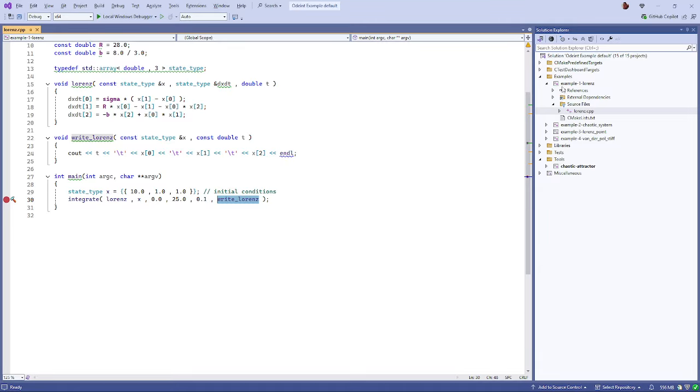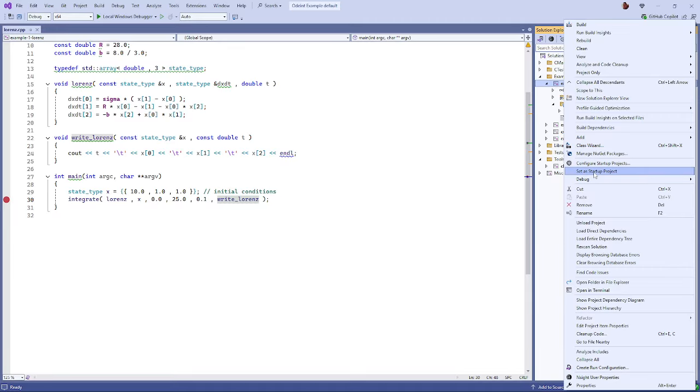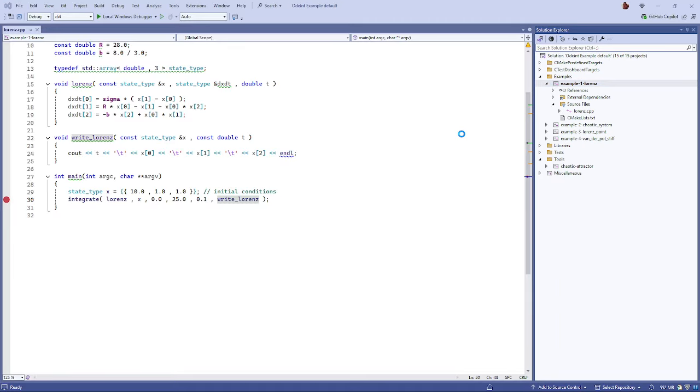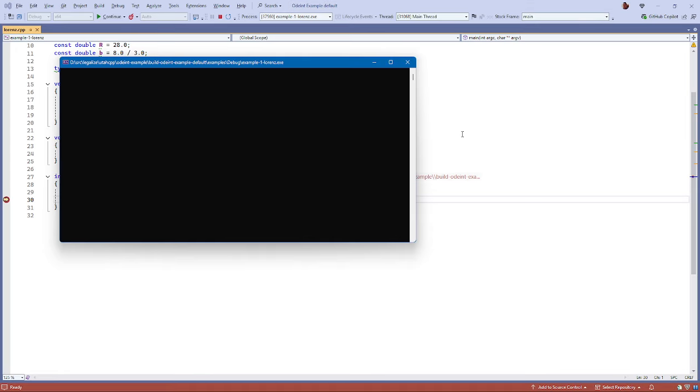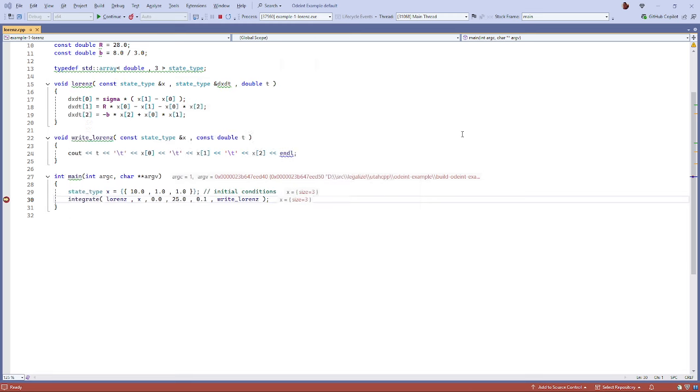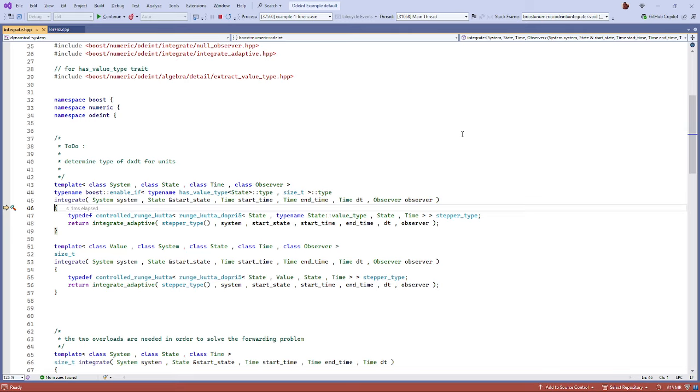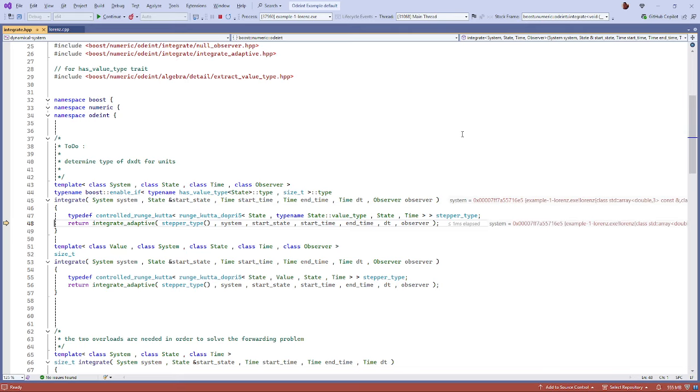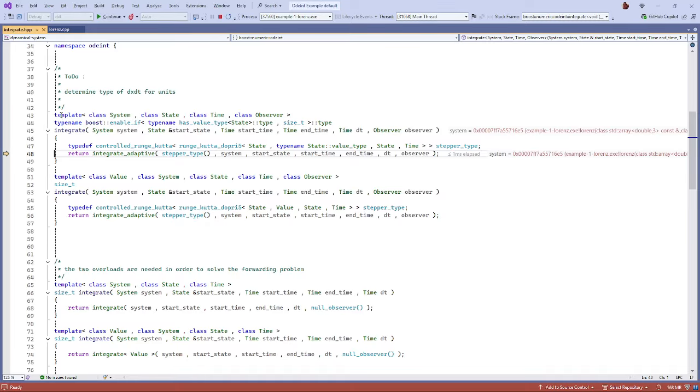So if we run this, oh, I've got a breakpoint here. Let's just step into it so we can see what the code looks like down in the library. You can see that, as I said, these are all template functions.